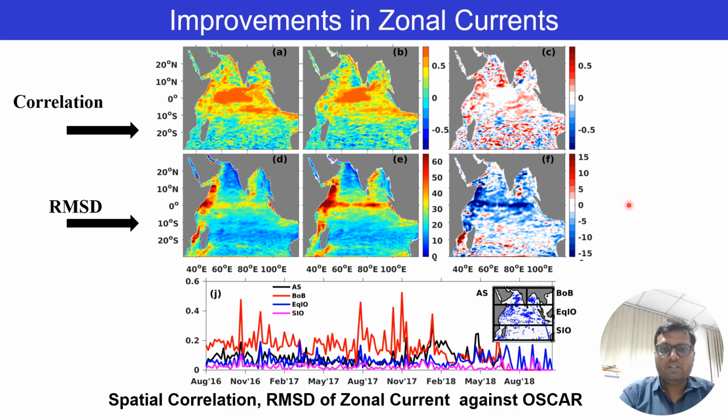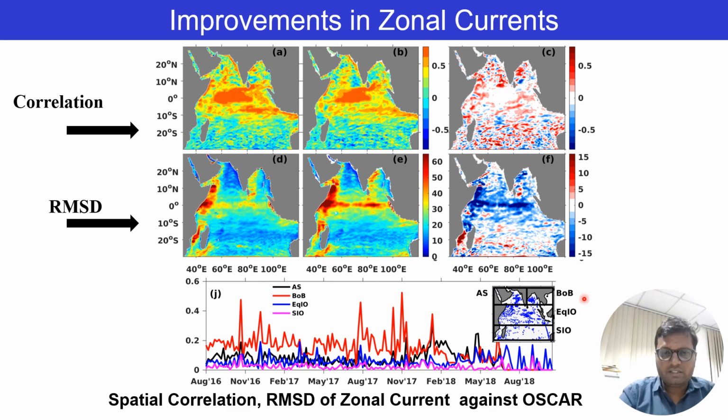The second row is a similar analysis for RMSD. Here also LETKF has reduced RMSD in most of the regions, especially in the North Indian Ocean and Equatorial Indian Ocean region. The improvements are significant, that is, the reduction in RMSE is close to 15 cm per second, whereas the improvements are minimal or negligible in the South Indian Ocean.